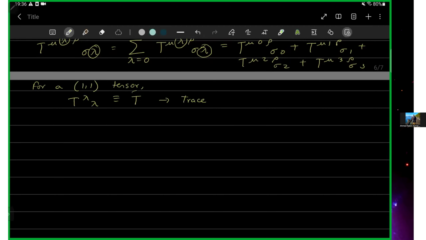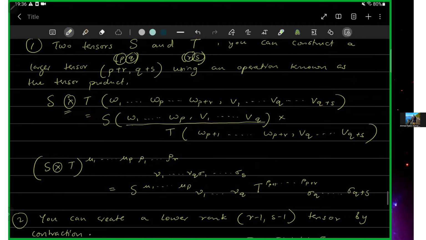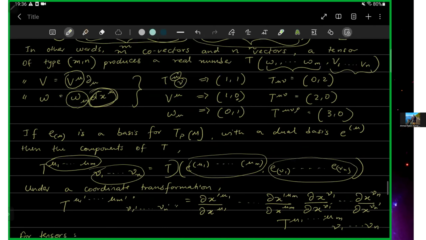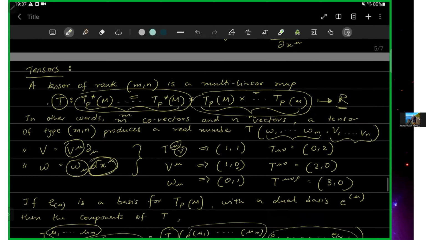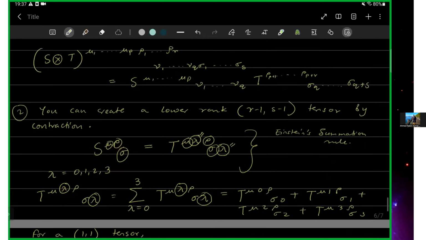Now, remember that this T over here is not the same as the other T. Okay, this T over here is basically the tensor that is an amalgamation of all the tensor components, whereas this one is just the trace.